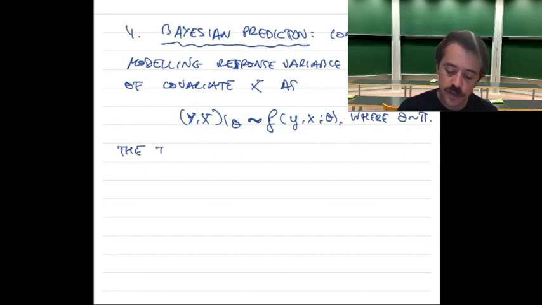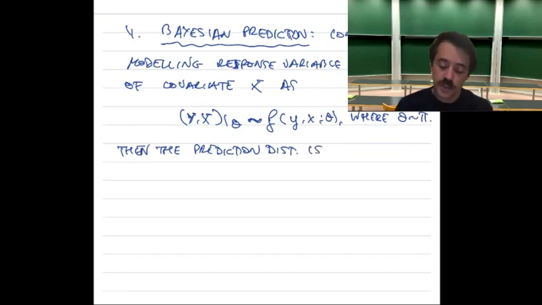So then, what do we have as a prediction distribution? The prediction distribution is given by the following expression, where we wish to find the probability of the response given the covariates. So how do we get this?